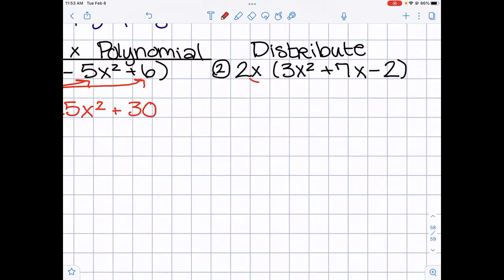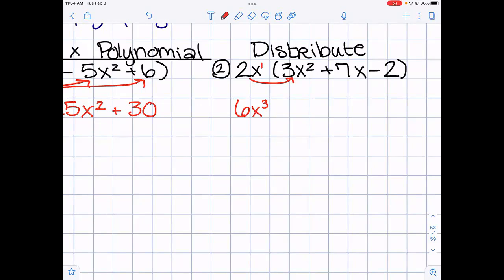So we're going to take 2x times 3x squared. What's 2 times 3? 6. And then you have x to the second plus 1, so x to the third. Okay, you add the exponents. Multiply the numbers in the front, add the exponents.